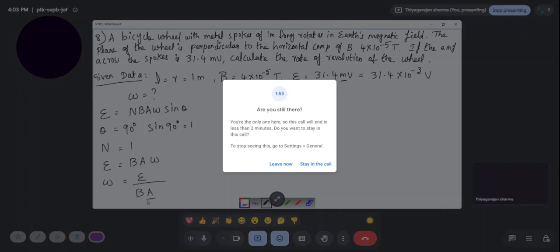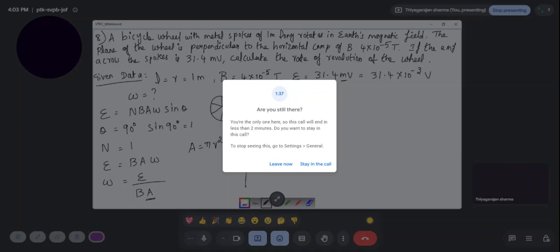Here A is considered to be the area of the circle, because in the question it is given as a bicycle wheel, so this is in the form of a circle. So the area could be considered as pi r square. Now substitute into the formula.